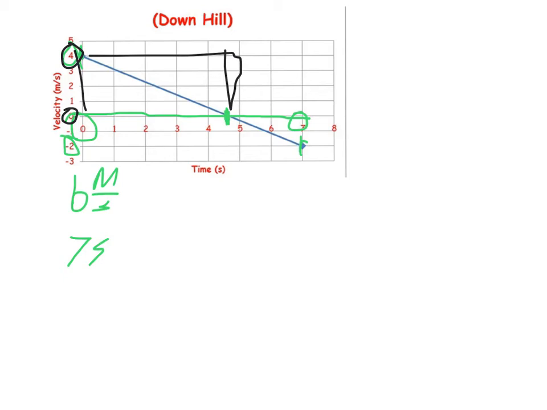If it takes 7 seconds to change by 6, we only need to change it by 4. If we multiply 7 by 4/6, that's going to tell us exactly how long it took to change by 4. So instead of changing by 6, we're changing it by 4.